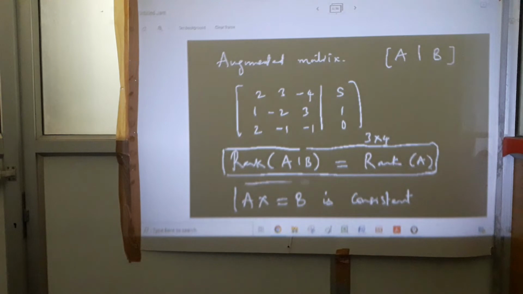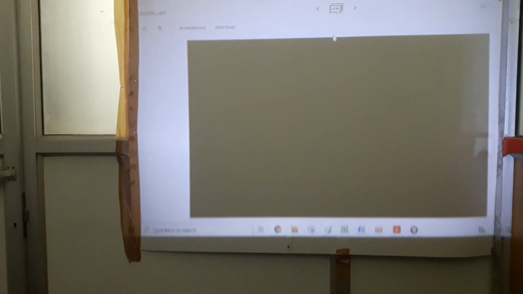So these two things are necessary and sufficient for each other. This is if and only if. If we say the system is consistent, it means that this rank is the same as this rank. If this rank is not equal to this rank, the system is not consistent. Suppose it is decided that Ax equal to B is consistent.